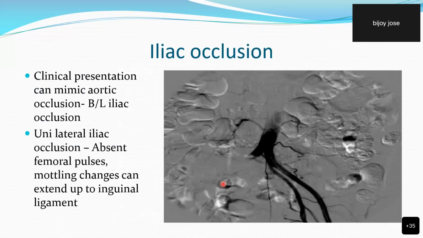The clinical presentation can mimic aortic occlusion if both iliacs are occluded. If a unilateral iliac is occluded, the patient presents with an absent pulse on the index side, with mottling changes that can extend up to the inguinal ligament. In this picture, we can see the right common iliac artery is occluded and no vessel is visible in the angiogram distal to that.